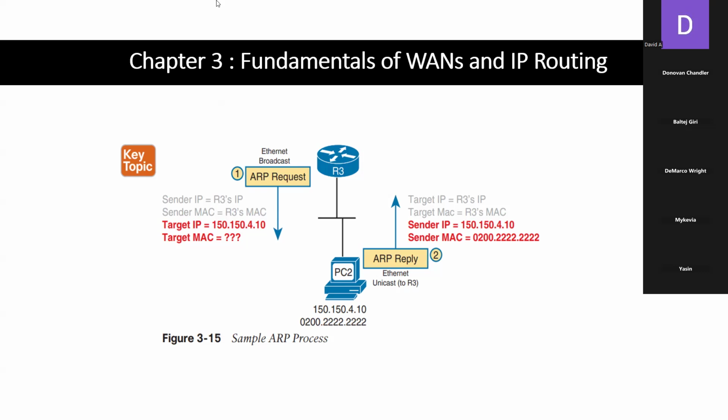So what does ARP look like? ARP defines a protocol that includes an ARP request, which is a message that makes a simple request: if this is your IP address, please reply with your MAC address.